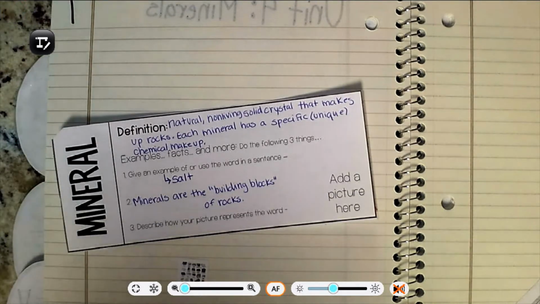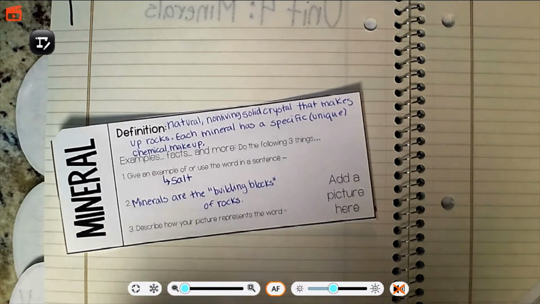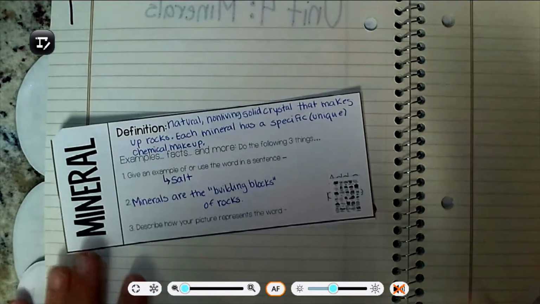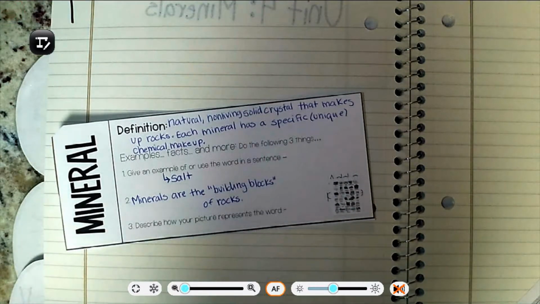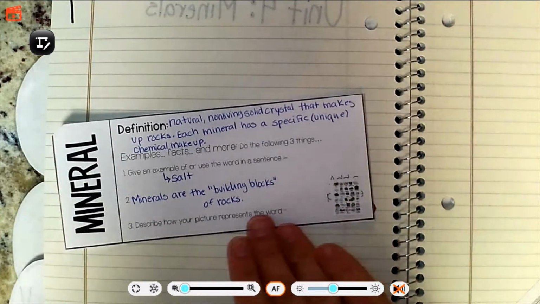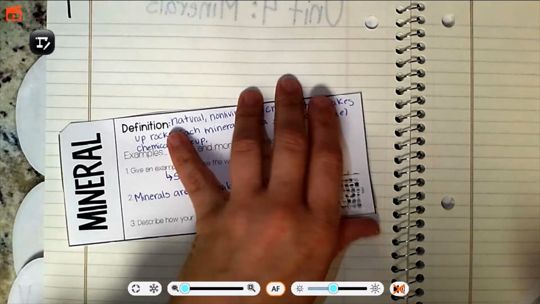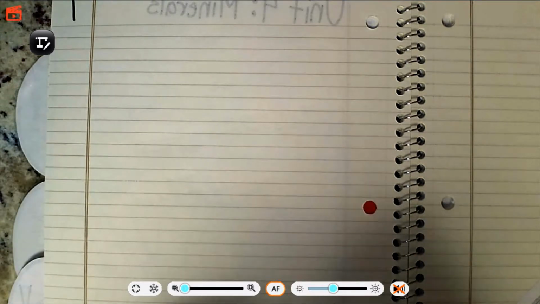So I hope you have the sound on, because that is definitely going to make this easier. So what this is, and you can color those in if you like, is just a picture of a bunch of different minerals. So, in your own words, how does this picture describe the word mineral? When you finish getting all of those things copied down, you're going to get this word glued in at the top of the page. And then you're going to get that other packet that I asked you to get.